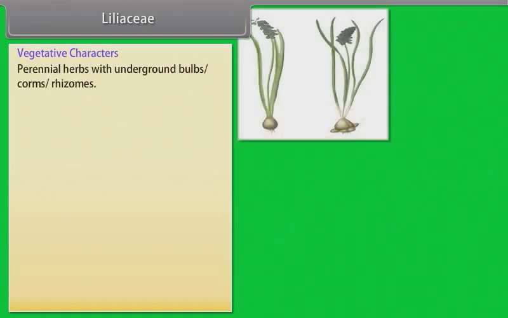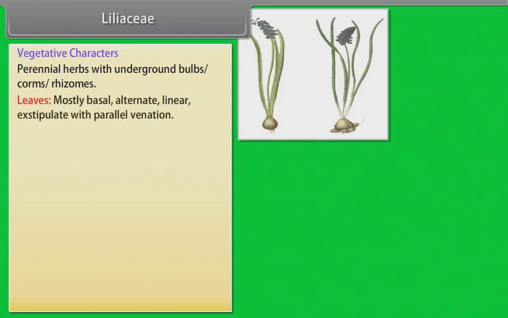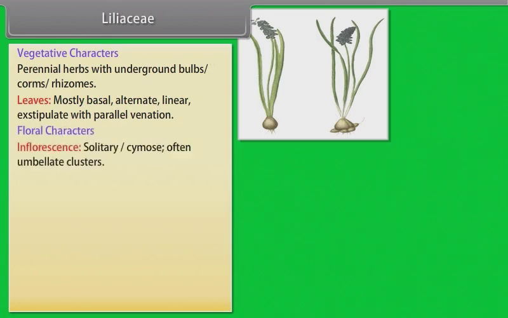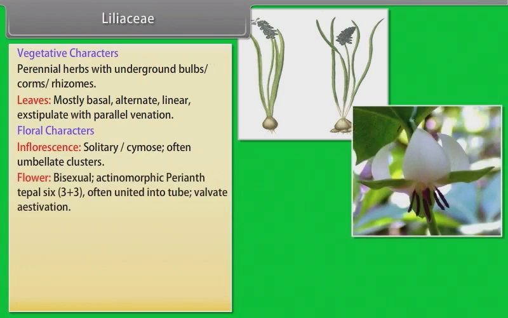Vegetative characters: perennial herbs with underground bulbs, corms, rhizomes, leaves mostly basal, alternate, linear, exstipulate with parallel venation. Floral characters: inflorescence solitary, cymose, often umbellate clusters. Flower bisexual, actinomorphic. Perianth tepals 6 (3+3), often united into tube, valvate aestivation.